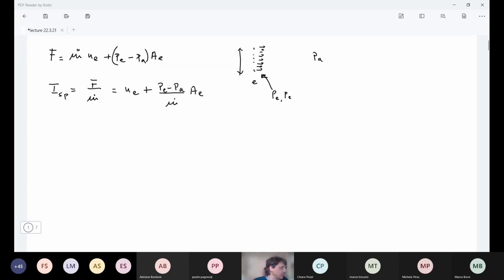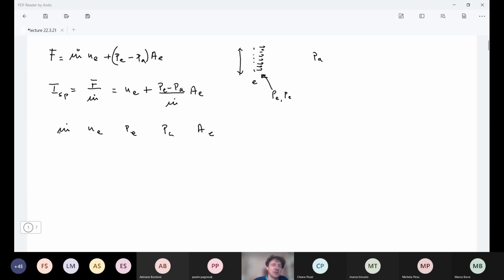So in general, we have to analyze this expression and to see how to improve the quality of the generation of thrust. We should analyze these different quantities that play a role: ṁ, UE, PE, PA, and AE.